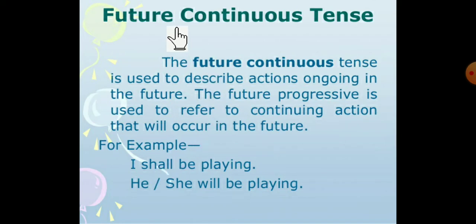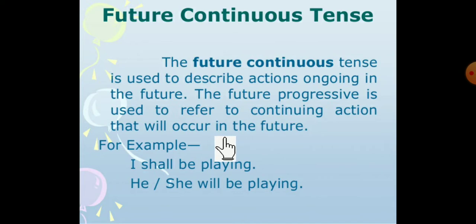Now future continuous tense. It is used to describe actions ongoing in the future. The future progressive is used to refer to a continuing action that will occur in the future. So the action should continue, and for that we use future continuous tense. What is the formula of future continuous tense?